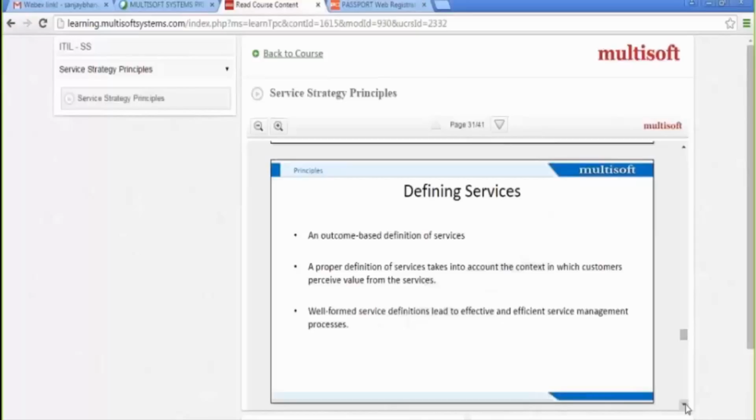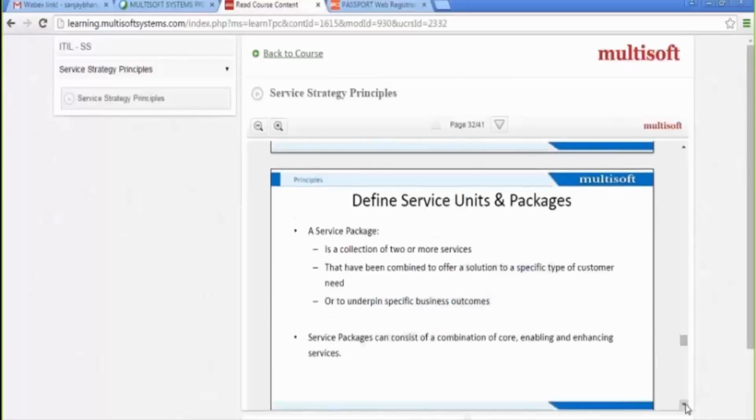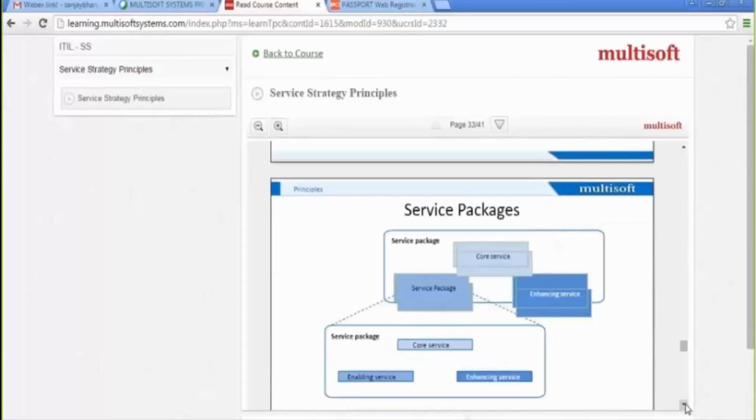Opportunity means you will get some benefit, and threat means that is a cost. So this is my opportunity and threats. Then define service units and packages. I told you this is my service level package, which includes the core services, enabling services, and enhancing services.